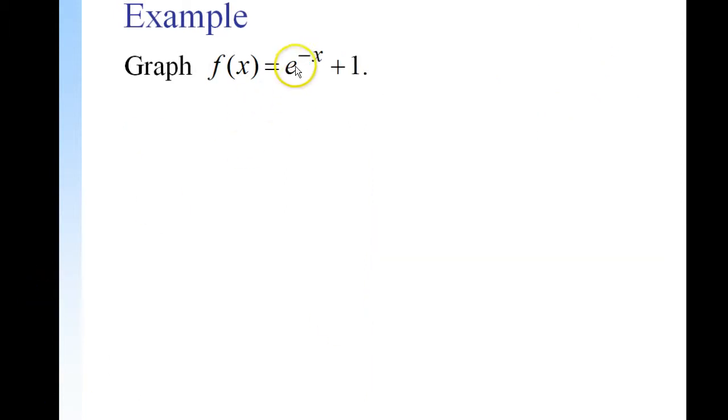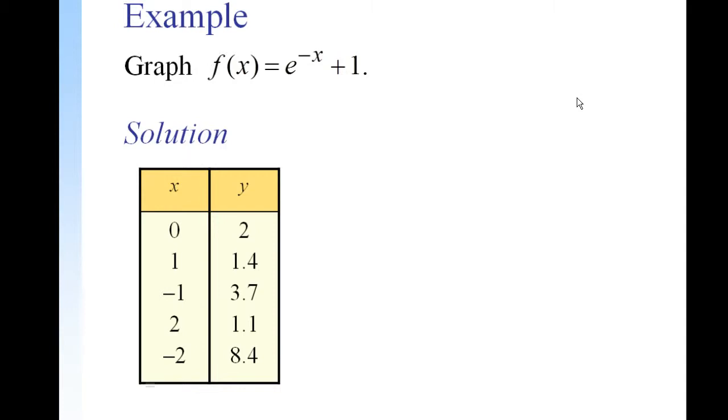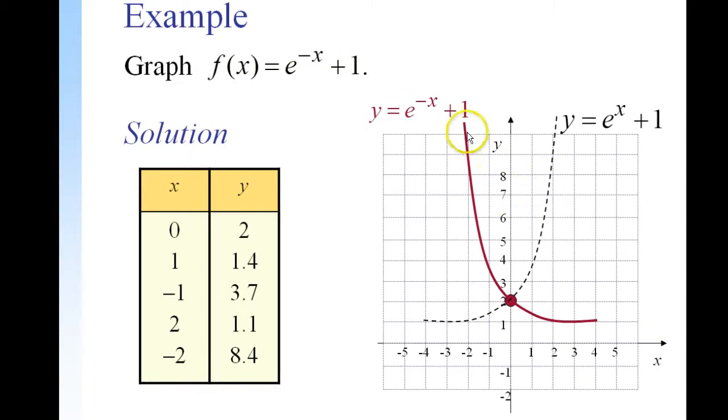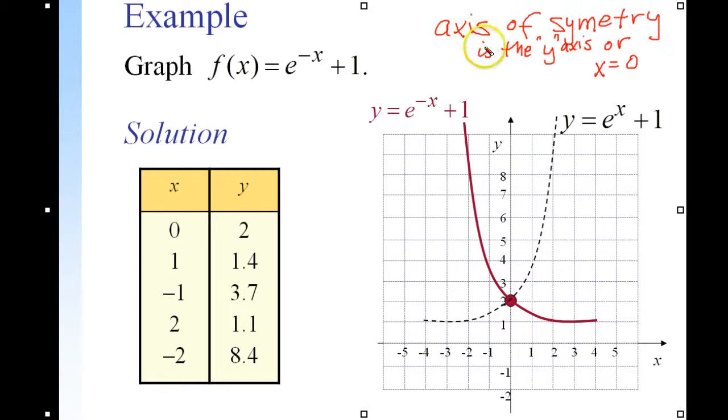Now they're looking at the inverse of this. This is natural log inverse plus 1. Well, if you recall from our earlier lessons, when we had the inverse, it just reflects across the y-axis, which is the axis of symmetry.